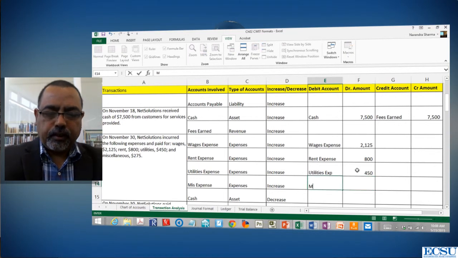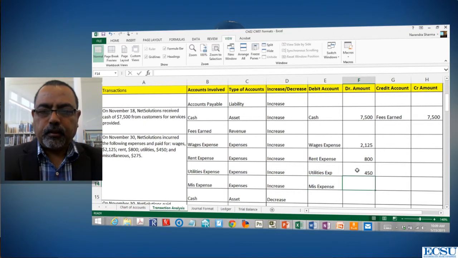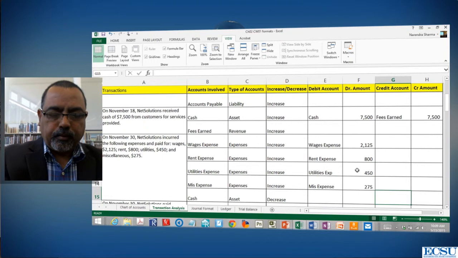And then miscellaneous expense, that will be 275. And the account to be credited will be cash.